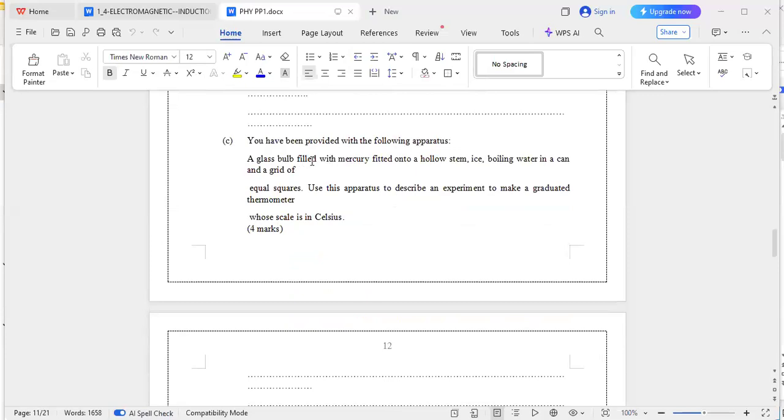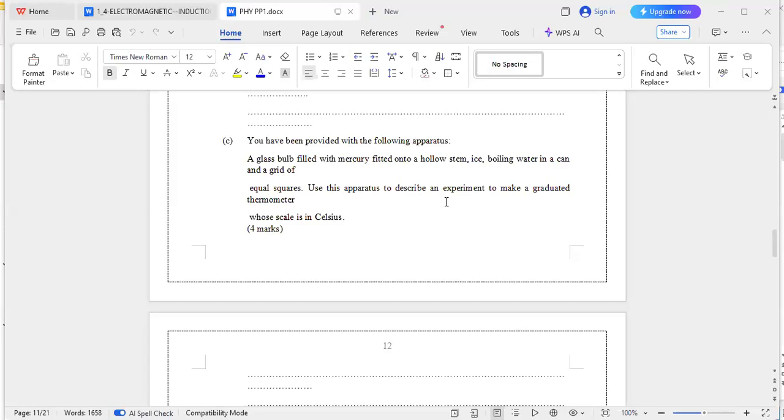Part C, you've been provided with the following apparatus: a glass bulb filled with mercury fitted onto a hollow stem, ice, boiling water in a can, and a grid of equal squares.